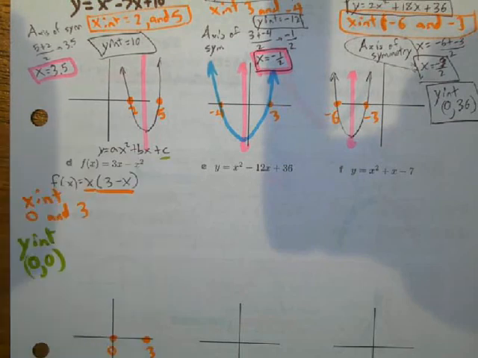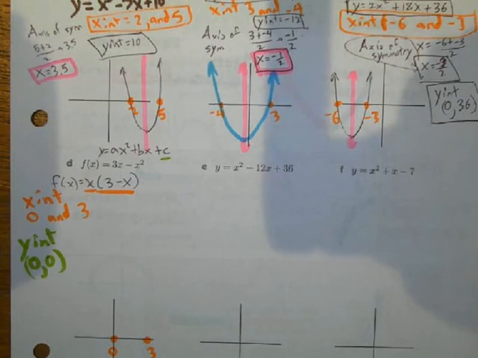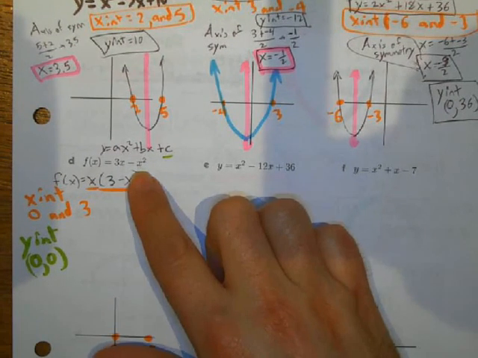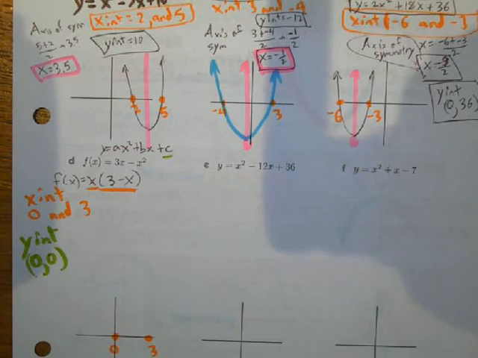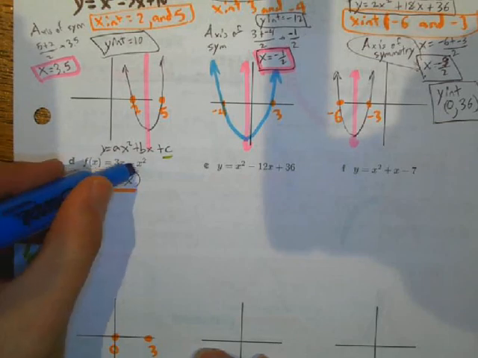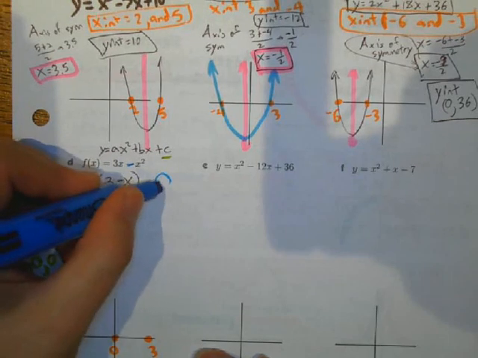Notice the squared term here is negative, so that means my graph is pointing down.